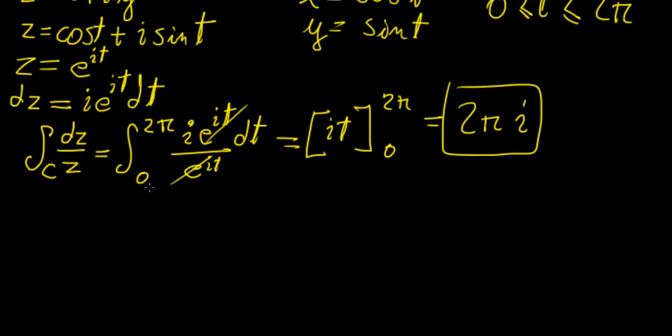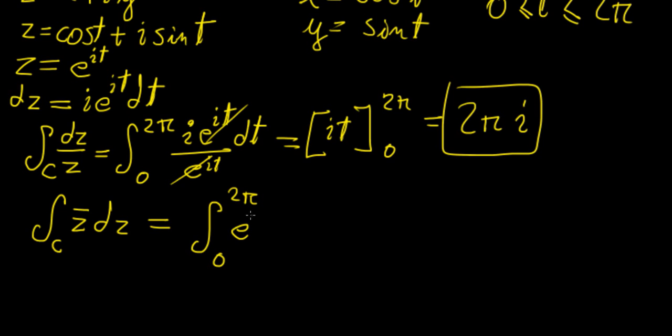Now let's use the same curve, but let's evaluate a different kind of integral. Let's say we have the complex conjugate of z. We're using the same curve, so we use the same parametric definition. The complex conjugate of z is just e to the minus it, times i e to the it dt.